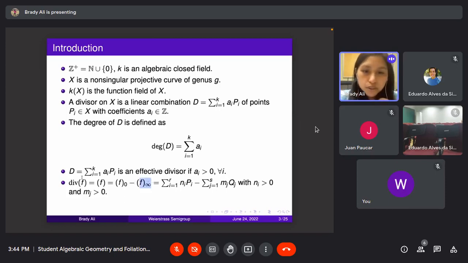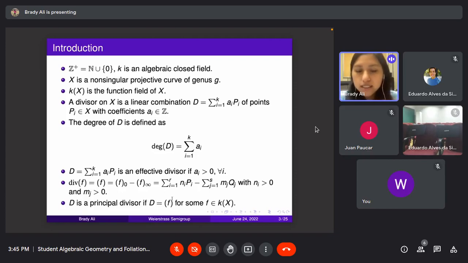So the divisor of a function can be written as a finite sum of n_i p_i minus a finite sum of m_j q_j, where these are the zeros that the rational function has, of order n_i at the points p_i, and here are the poles that the rational function has at the points q_j, of order m_j. We say that a divisor D is principal if it can be written as the divisor of some rational function.